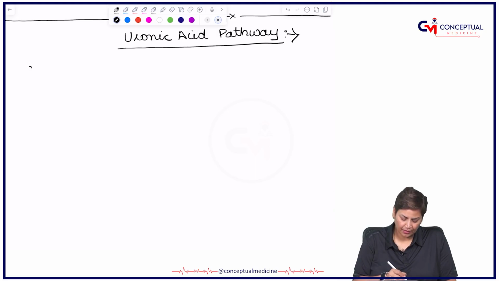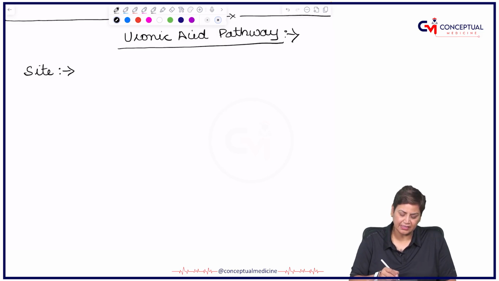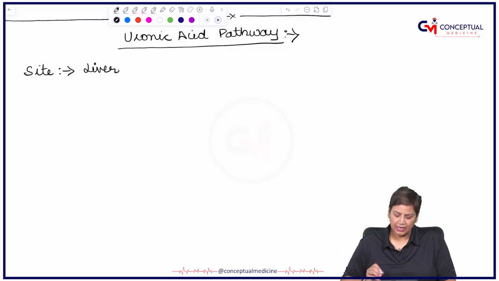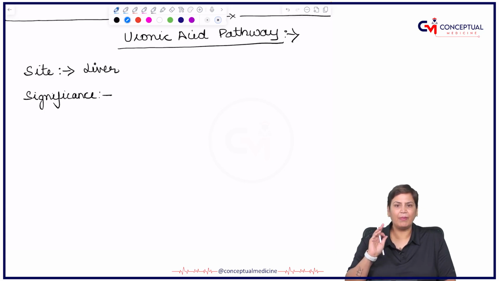So I can say that the most important site of the uronic acid pathway is the liver. Main is the liver, right? Now the question is, the site is liver, so what is the significance of this? The most important significant feature of the uronic acid pathway is that this pathway produces glucuronic acid.